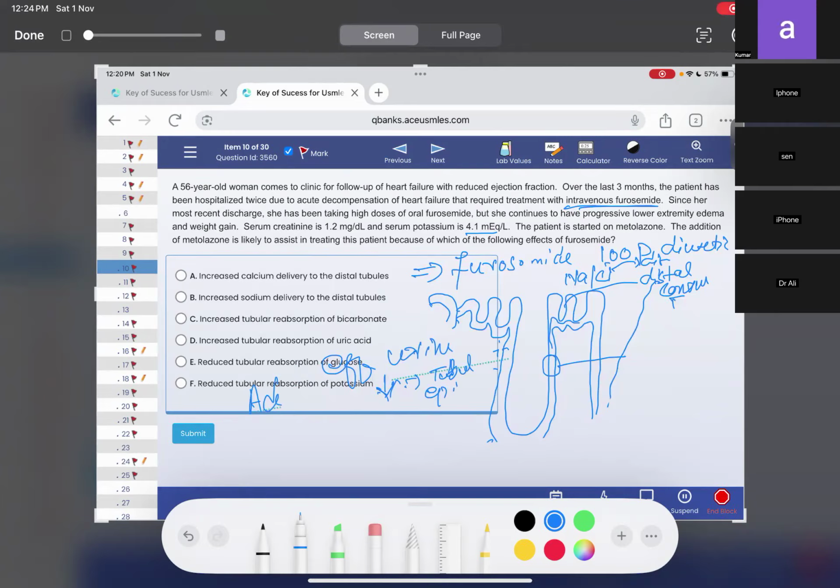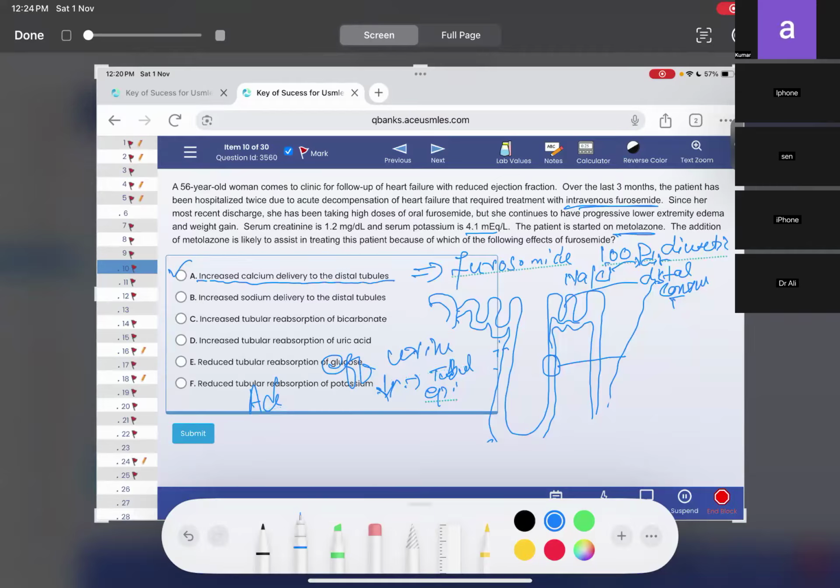So which one of the following options is correct regarding metolazone function? We will go one by one. Option A is increased calcium delivery to the sodium channel.